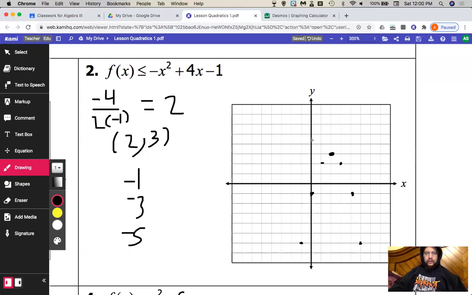It's solid, so I don't have to worry about making it dotted. Test the point. 0, 0 is on the outside. Let's see if it works. Is 0 less than -1? No, it is not. So I'm not going to shade outside. I'm going to shade inside.